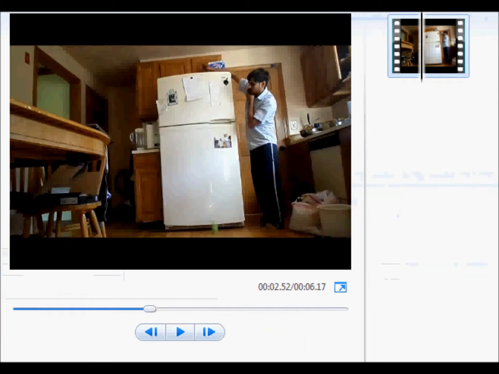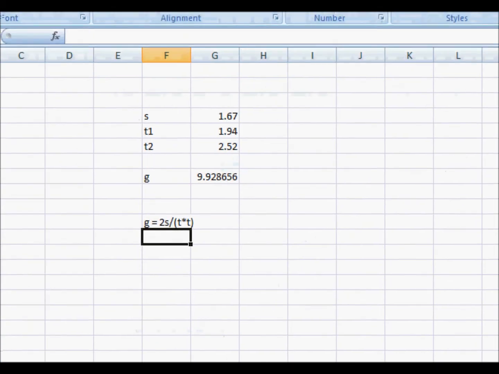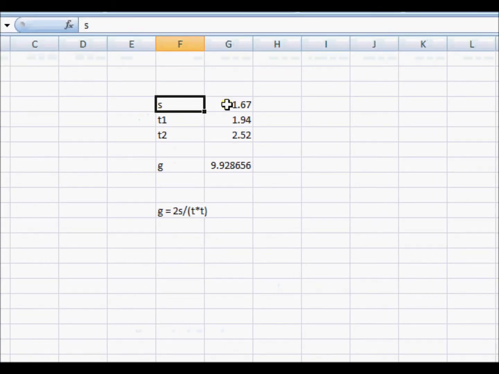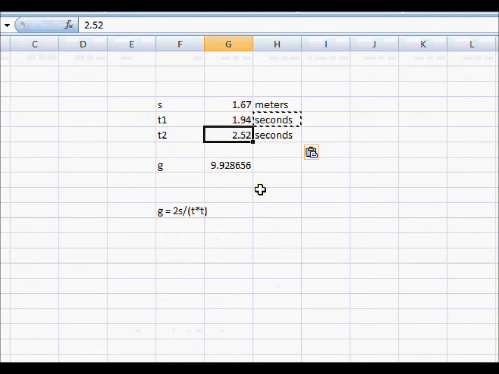So here is my Excel sheet that records the height of the refrigerator, which is 1.67 meters. Then this is the start time, 1.94 seconds, and this is the stop time, 2.52 seconds.